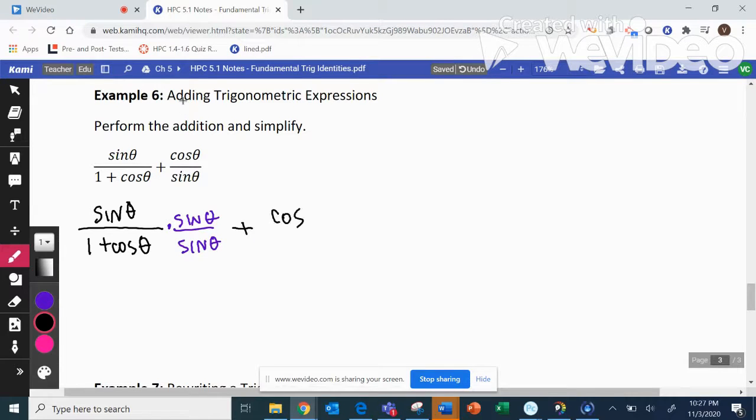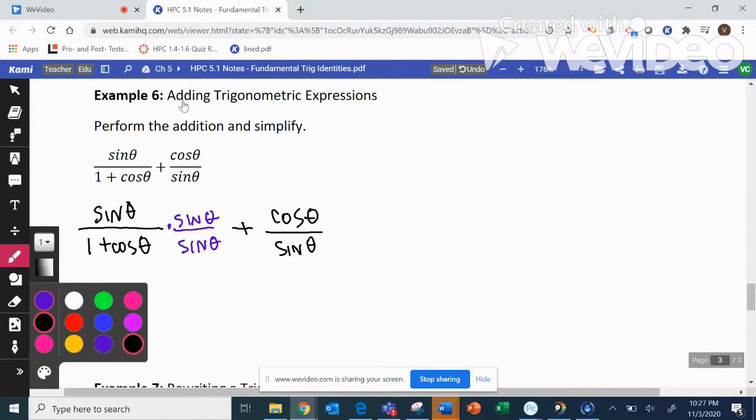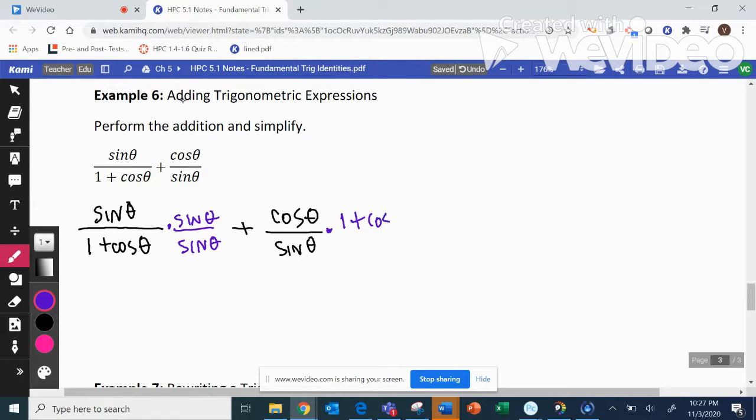And then I've got cosine theta over sine theta, which I'm going to multiply by 1 plus cosine theta over 1 plus cosine theta.